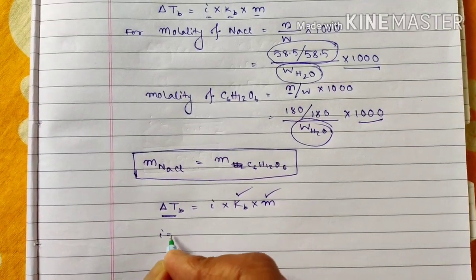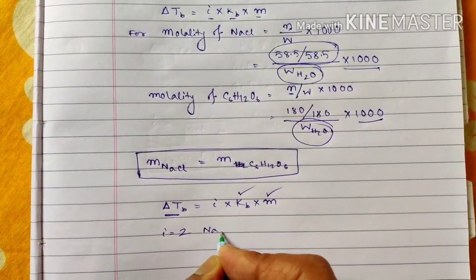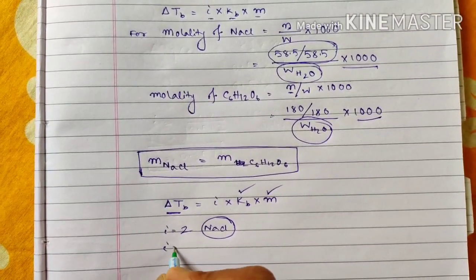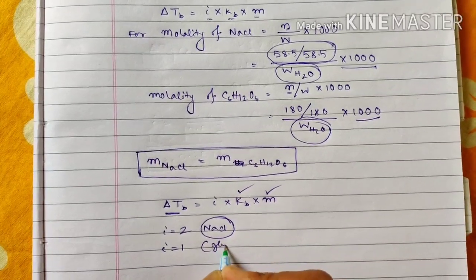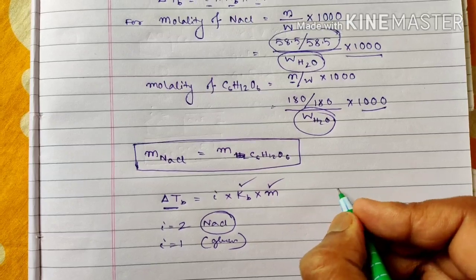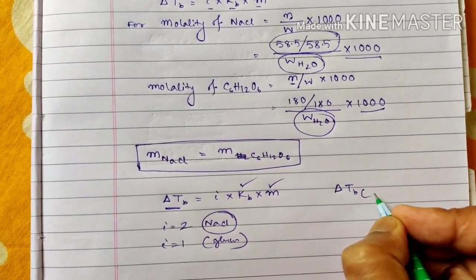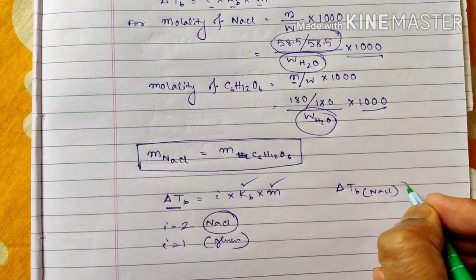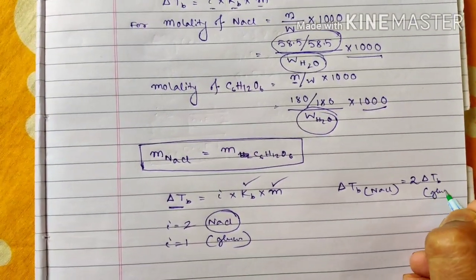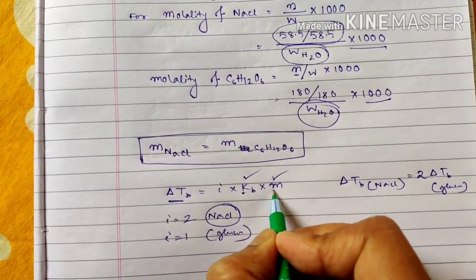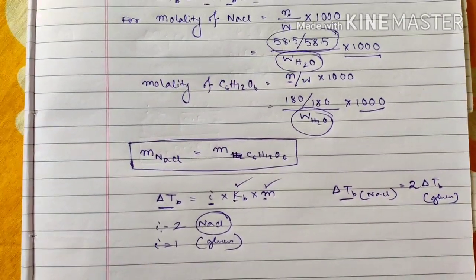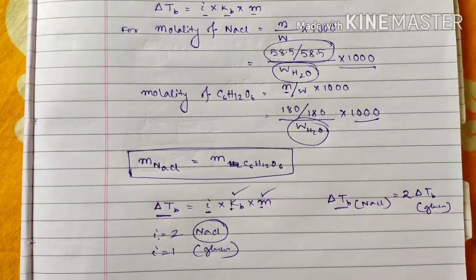But i will be 2 for NaCl, whereas i will be 1 for glucose. So ΔTb of NaCl will be twice that of glucose, because the other two values are the same and only i is twice. So the boiling point elevation for NaCl will be greater.